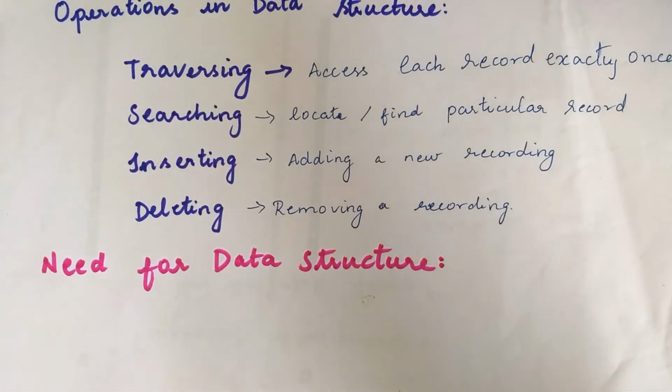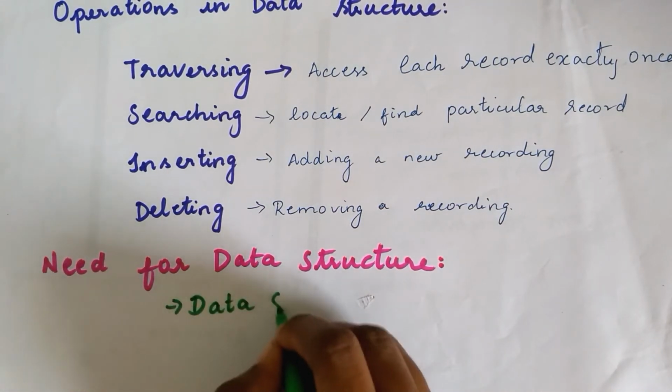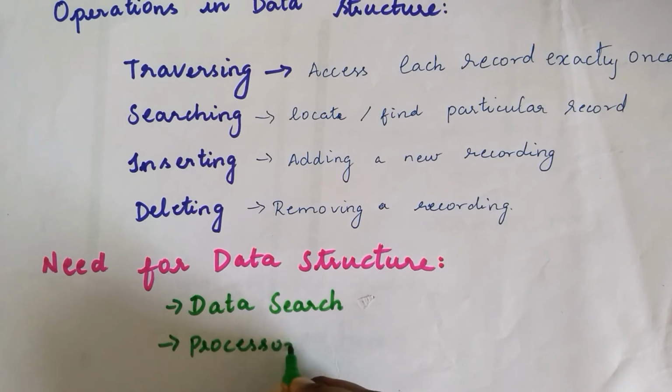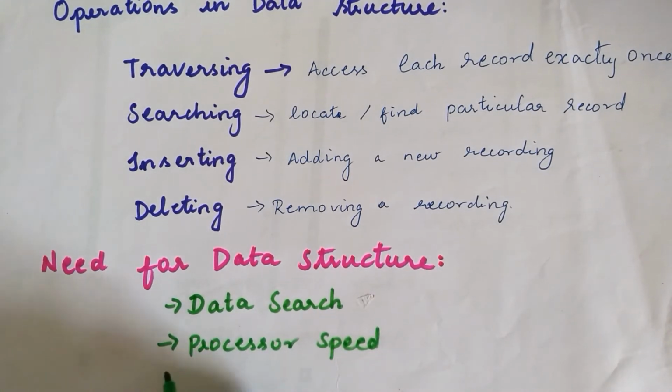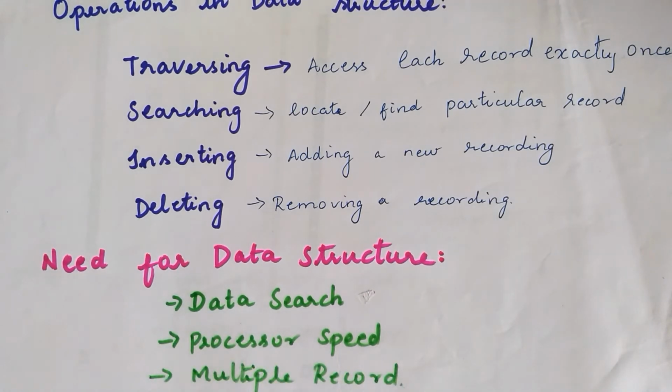The first one is data search, the second one is processor speed, and the third one is multiple records. I'm going to explain these three needs.